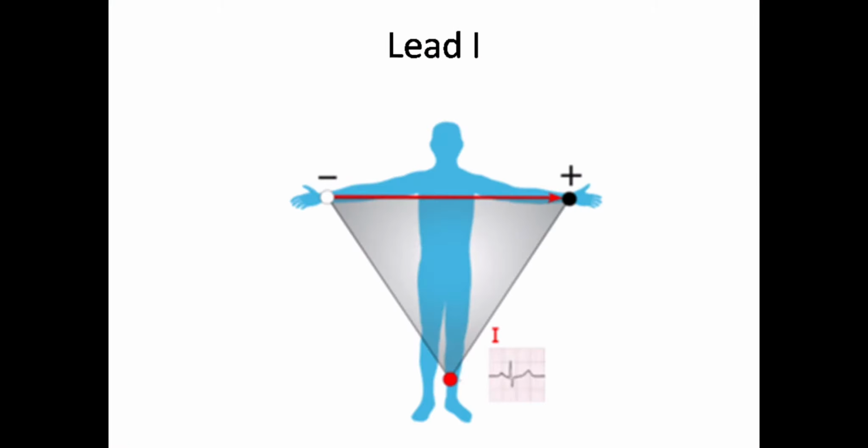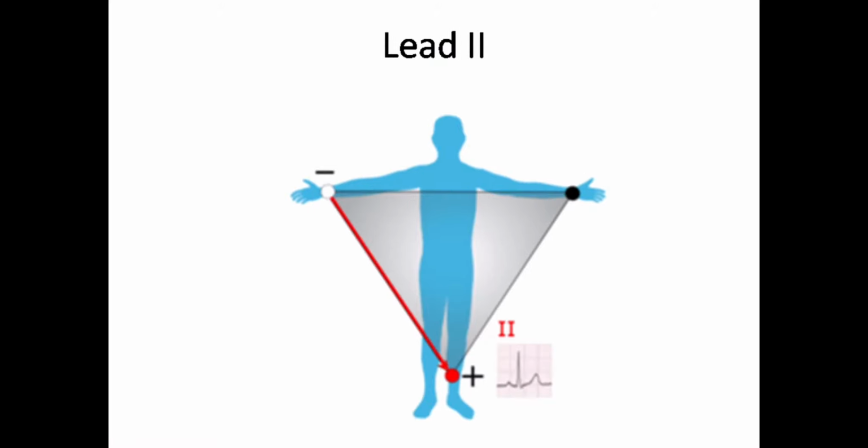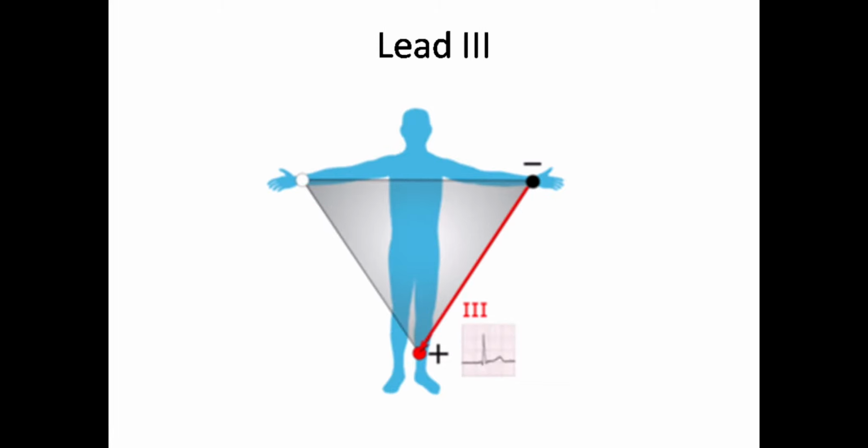In lead 1, the right arm will be negative and the left arm will be the positive pole. This is called lead 1. In lead 2, it is from the right arm to the left leg. It's called lead 2. Lead 3 is from the left arm to the left leg.